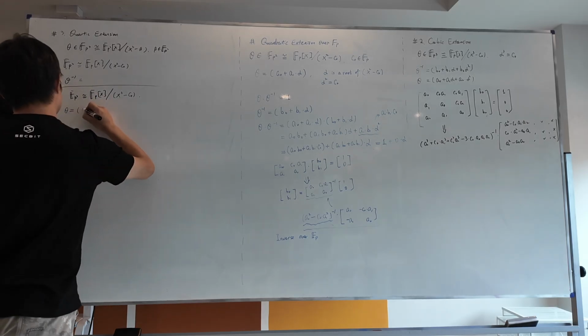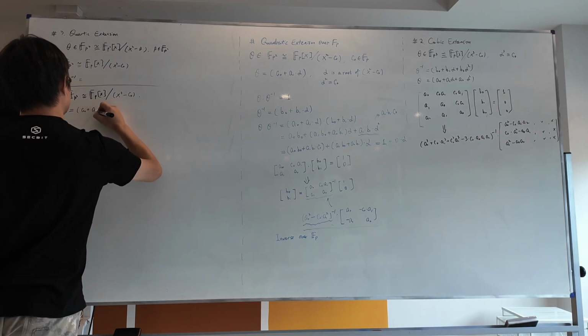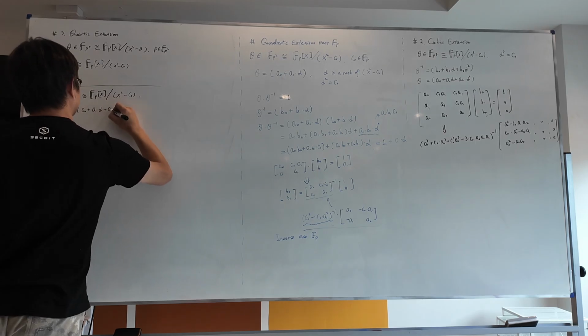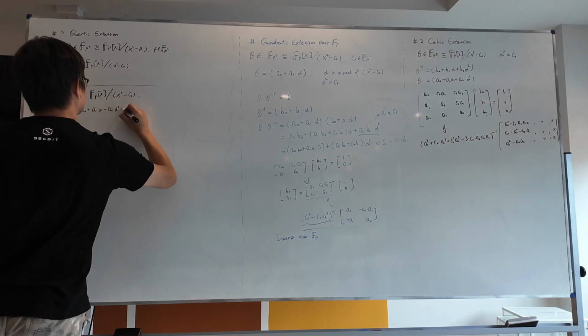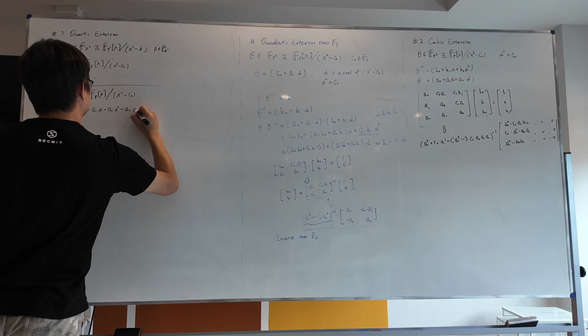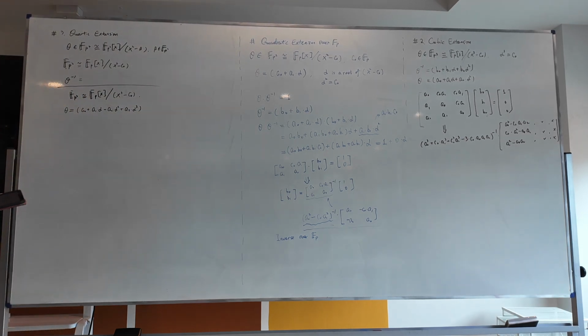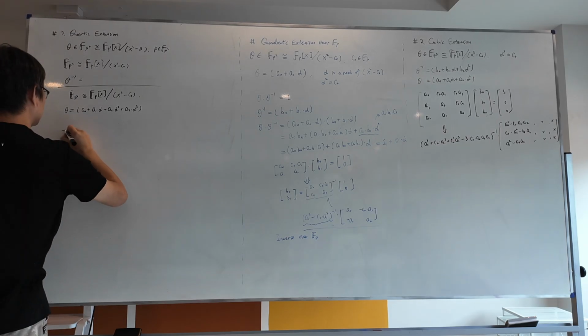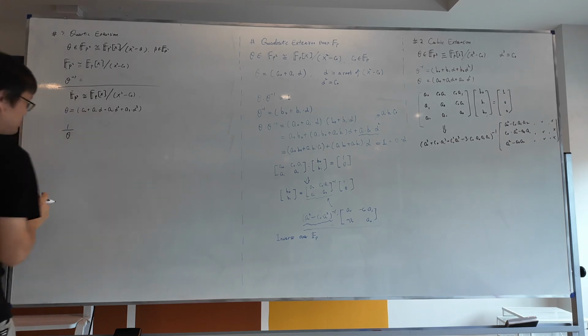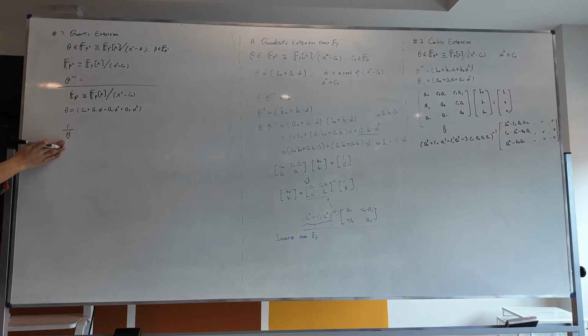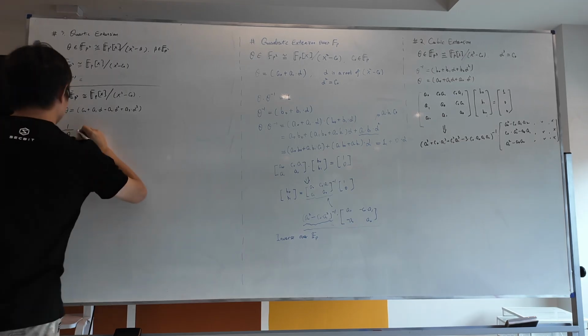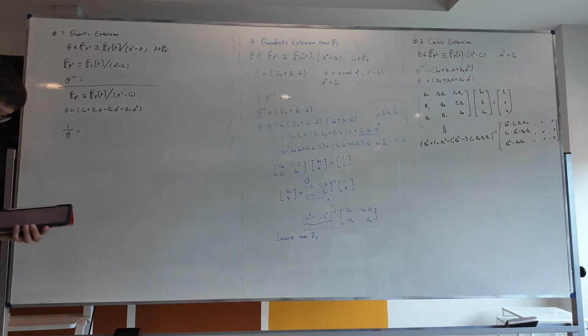Theta can be represented as A0 plus A1 alpha plus A2 alpha square plus A3 alpha cube. What we want is the inverse of theta, and we write it like a fraction.